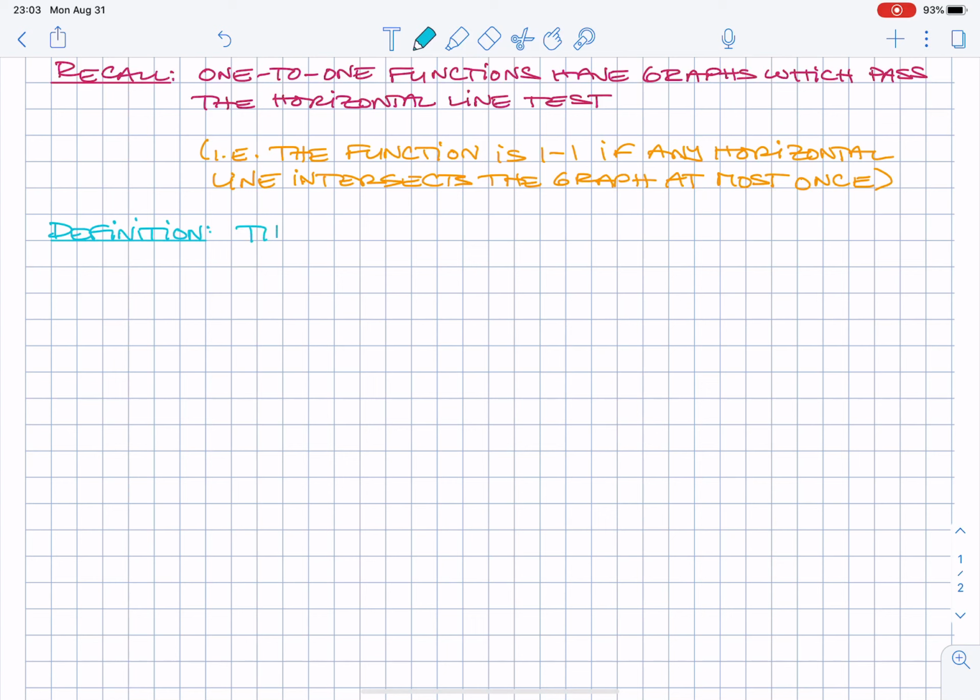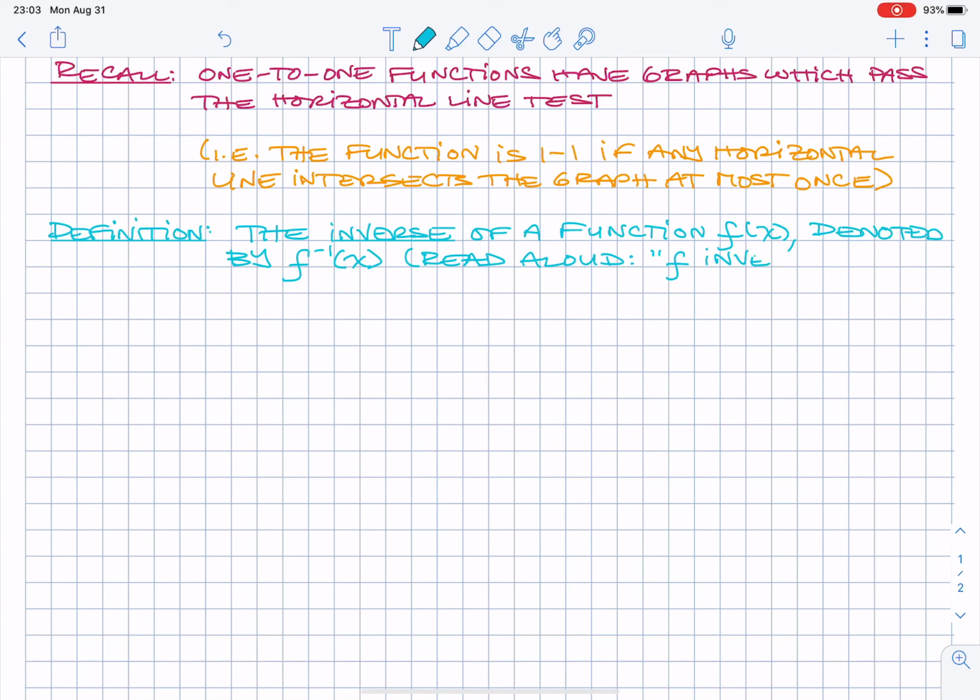Okay, so the inverse, that's what we're defining. The inverse of a function f of x, denoted by f with a -1 up top of x, is read aloud "f inverse of x."